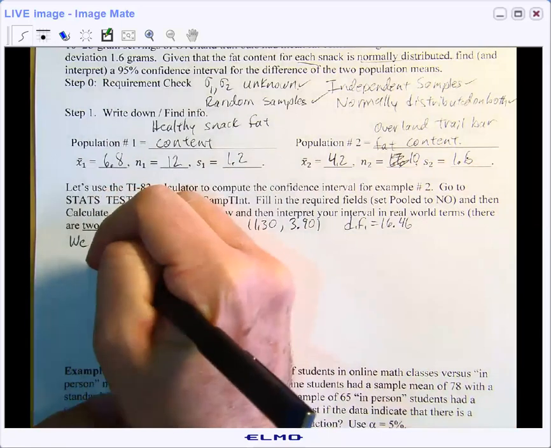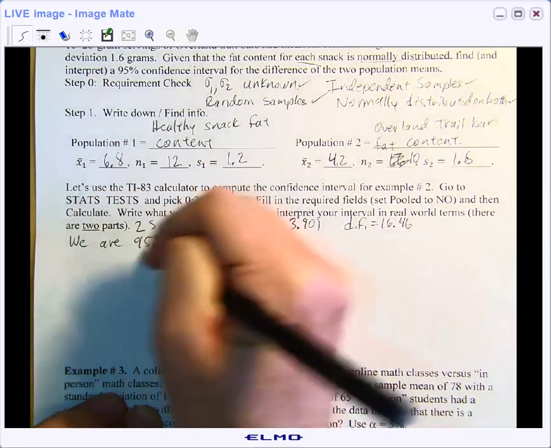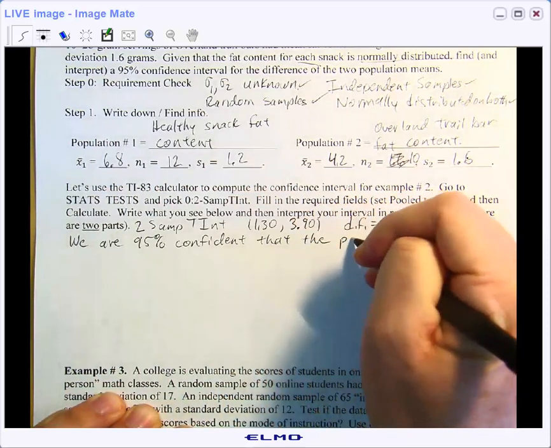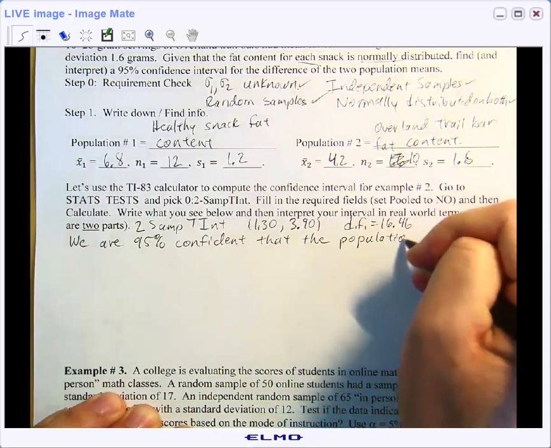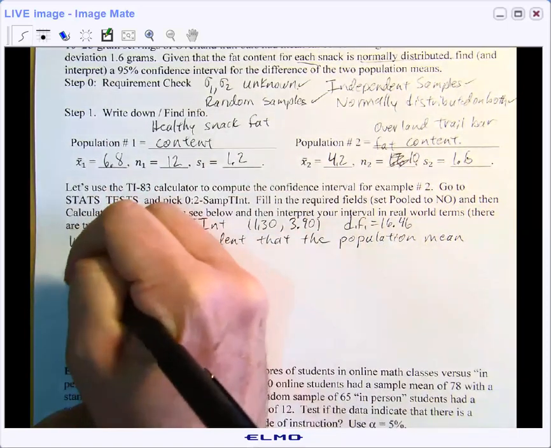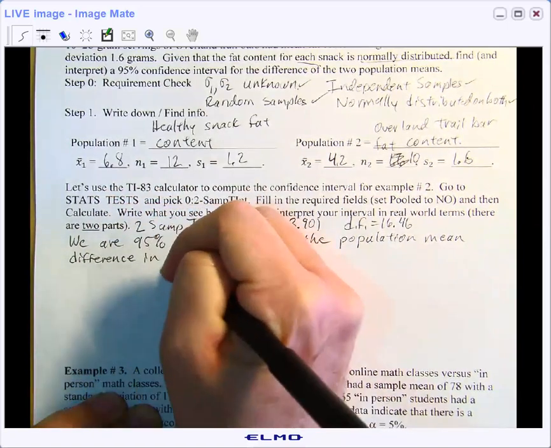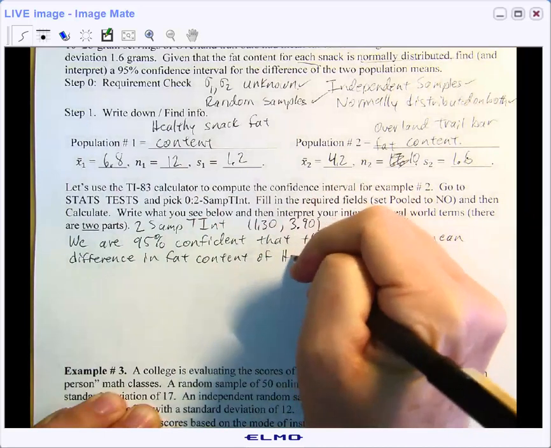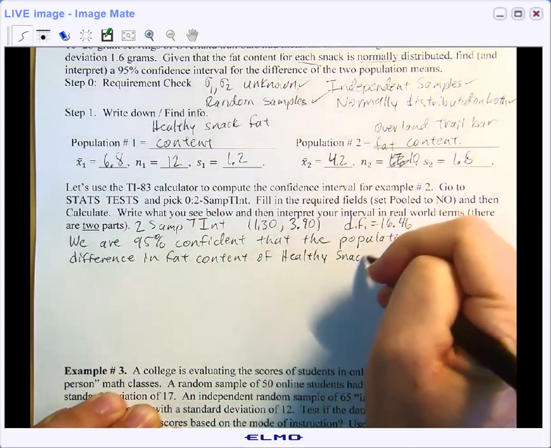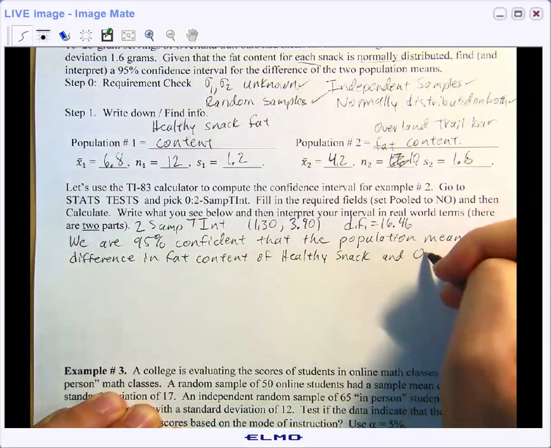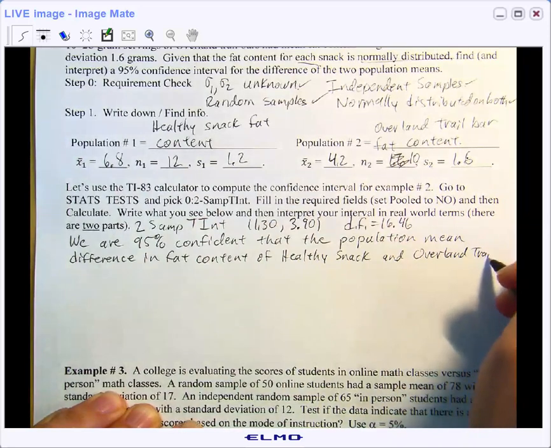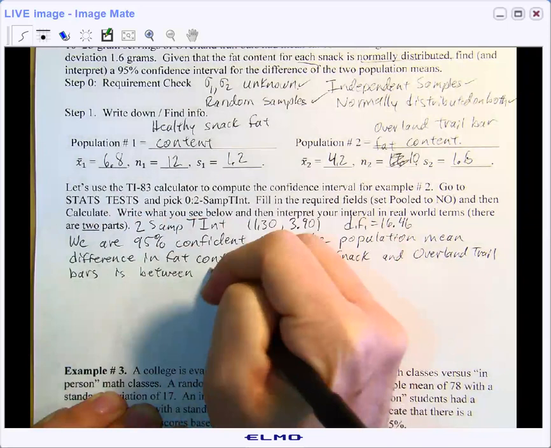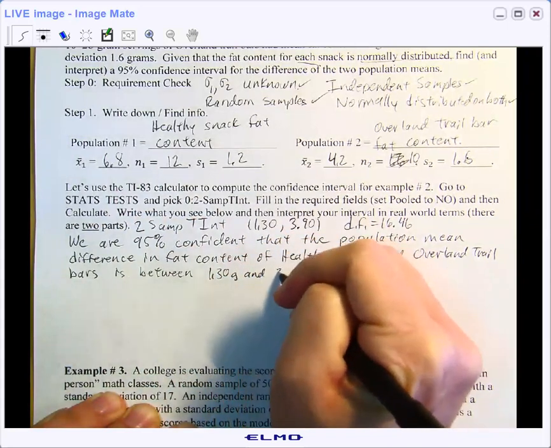So first off, let's start off with: we are 95% confident that the population mean difference in fat content of healthy snack, who was first, and overland trail bars, because they were second, is between 1.30 grams and 3.90 grams.